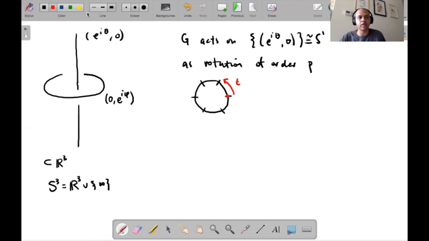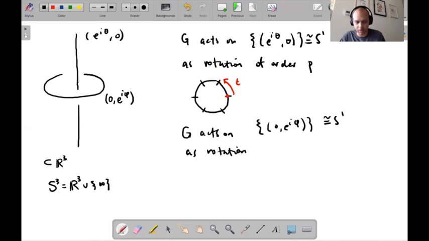And similarly, G acts on this other circle, 0, e^{iφ}, as a rotation. Let me write this more precisely.